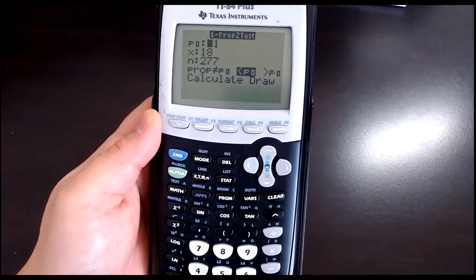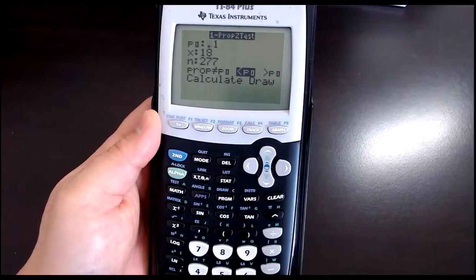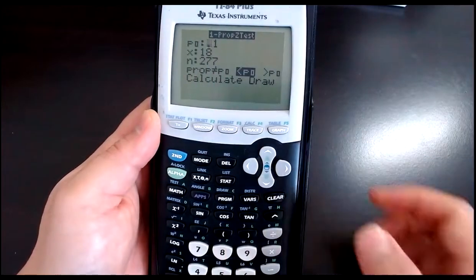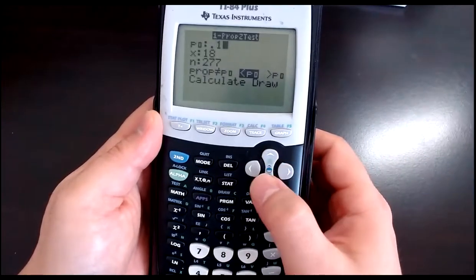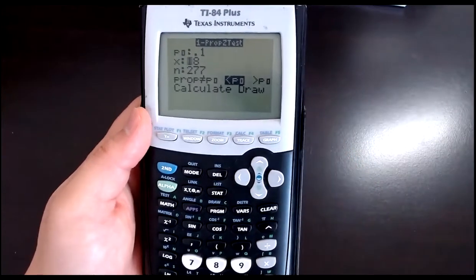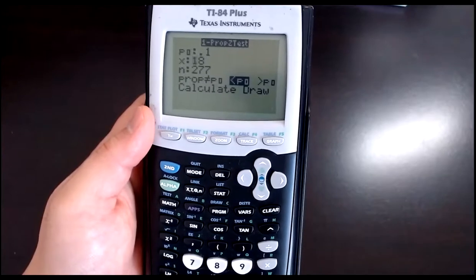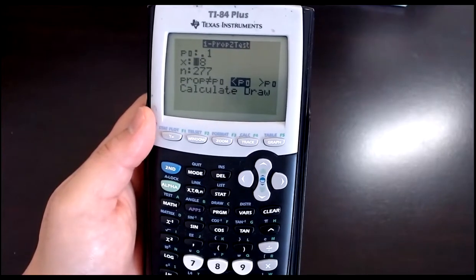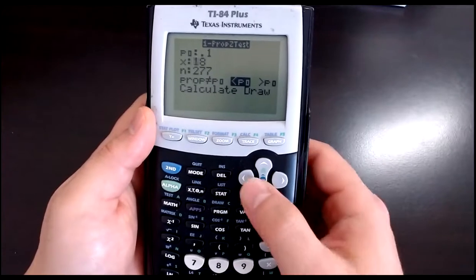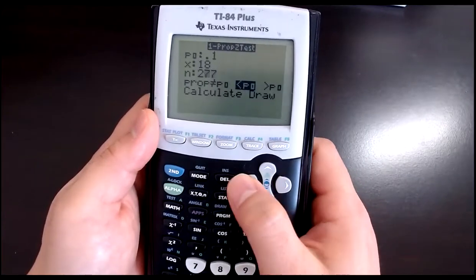The null hypothesis H sub 0 was P equals 0.1, so 0.1 is p sub 0. Then x is the number of subjects, in this example those who experience headache, so it's 18, and n is the sample size, 277.